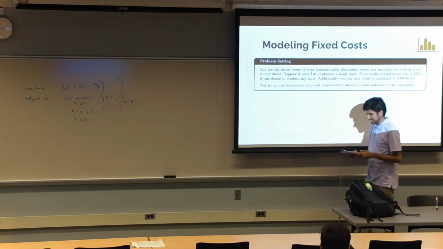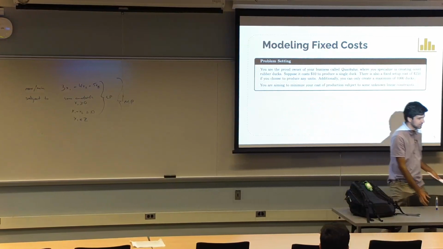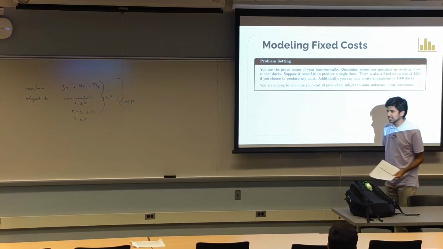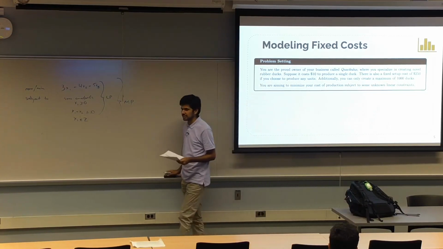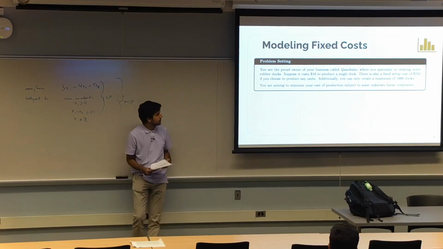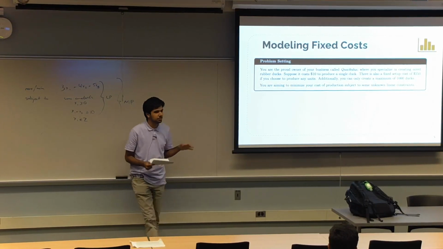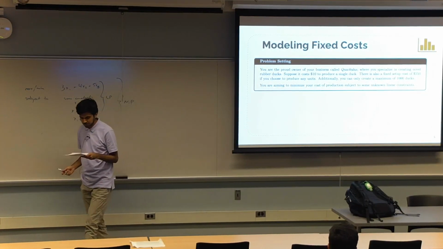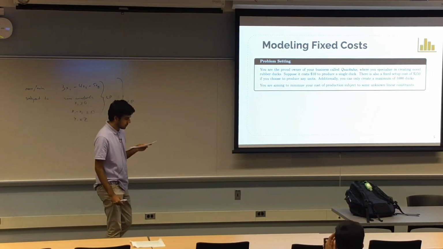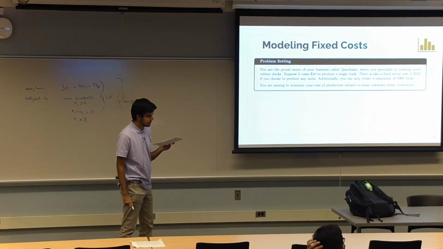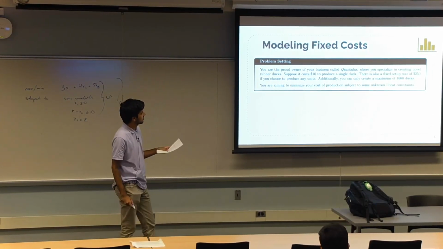So, okay, today's lecture will be a little bit complex in terms of how we go about solving things, but by the end of today, we'll be able to solve some really, really fascinating problems. So for the first part of class, we're going to be dealing with this problem setting. So you are the proud owner of your business called Quackulous, where you specialize in creating novel rubber ducks. Ducks are my favorite animal, so that's why we're doing rubber ducks.